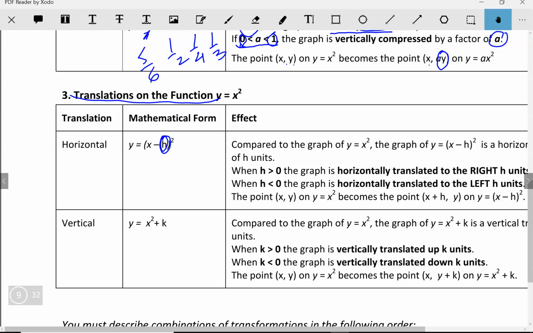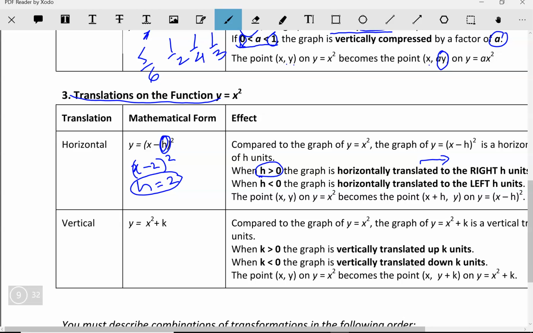Again, from before, if I have something that looks like x minus 2 squared, my h value is actually positive 2, right? Very important. So when I have x minus 2 squared, the h value is bigger than 0, so the graph moves right 2 units.